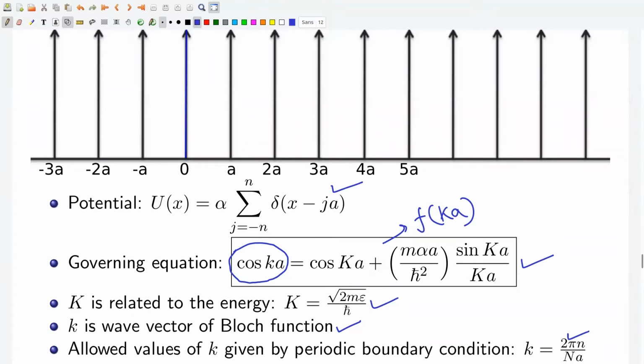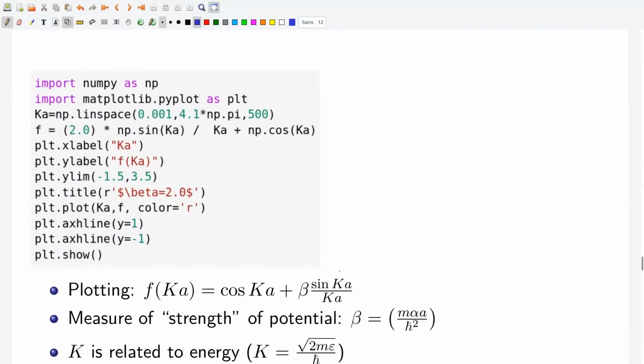Next, we take the right-hand side of the governing equation and plot f of Ka as a function of Ka. Using a Python code, let us plot the right-hand side of the governing equation. Note that beta is the measure of the strength of the potential. The higher the value of beta, the stronger the potential.